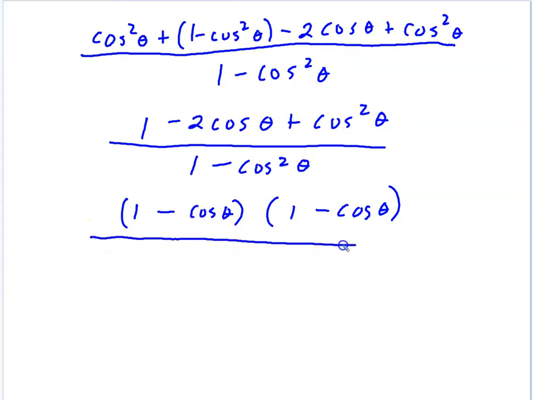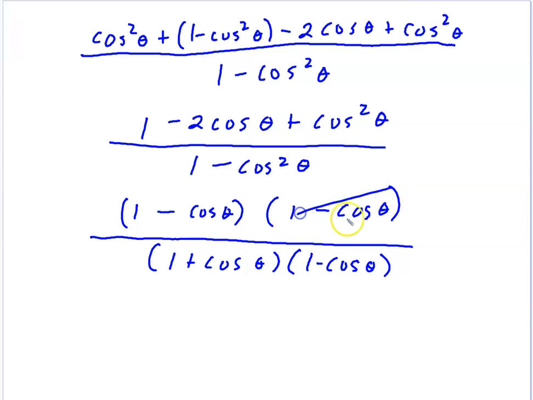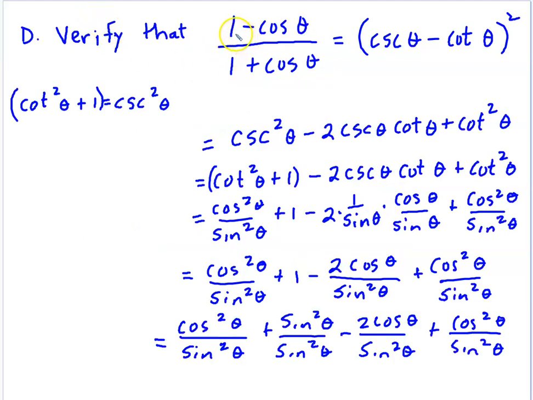And then the denominator is the difference between two squares. So it's 1 plus cosine theta times 1 minus cosine theta. And you can start to see now where it's starting to come together. We can cancel. And we're left with, going all the way back to the beginning, our left side was 1 minus cosine over 1 plus cosine.